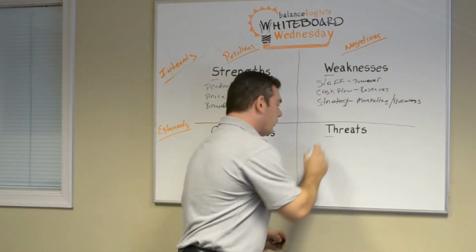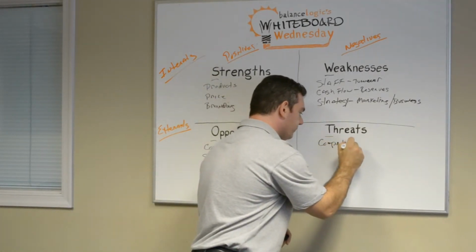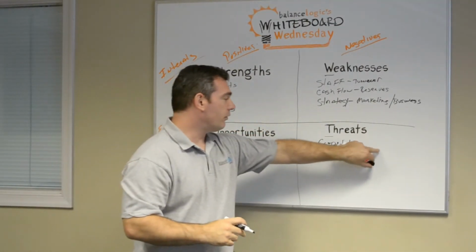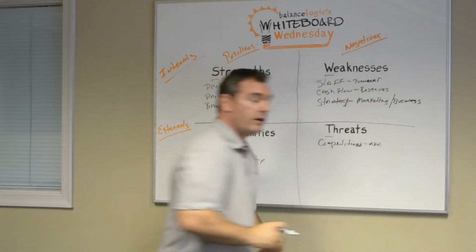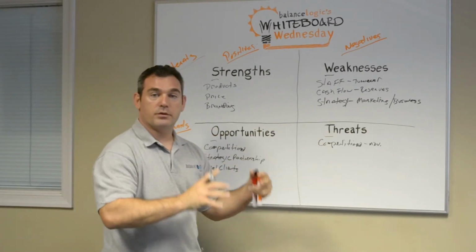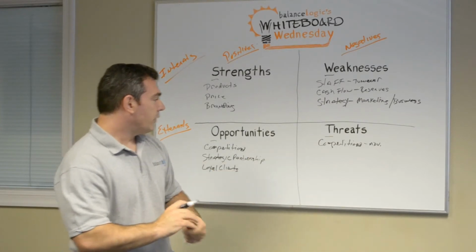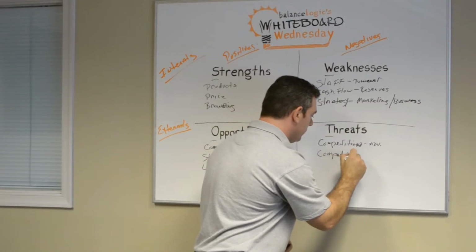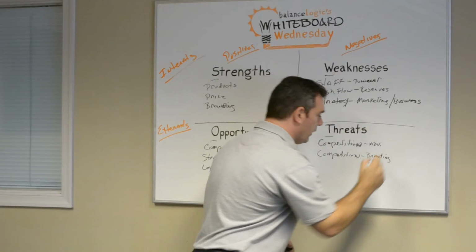Threats. Threats we definitely want to identify here. And one good threat is competition. Not a good threat, but a threat. So competition is a threat because maybe they're doing a huge advertising campaign, and it's going to put the focus on them and potentially take clients or opportunities away from you. Another threat could be competition again, and that is branding or brand identity.